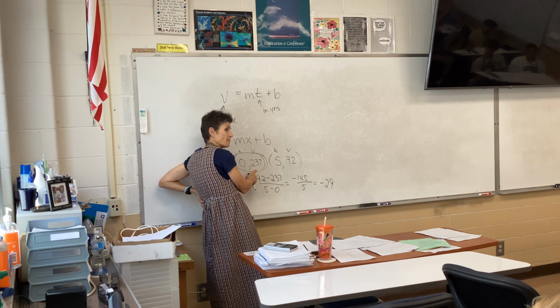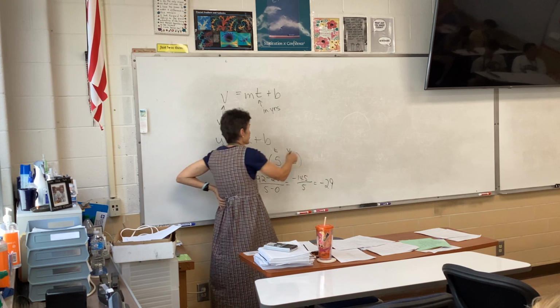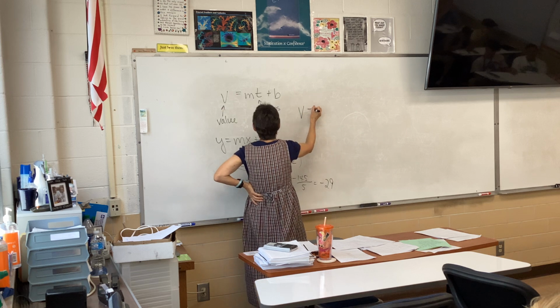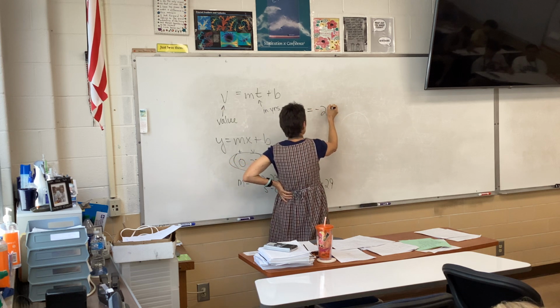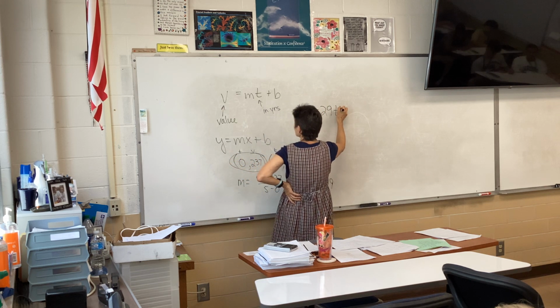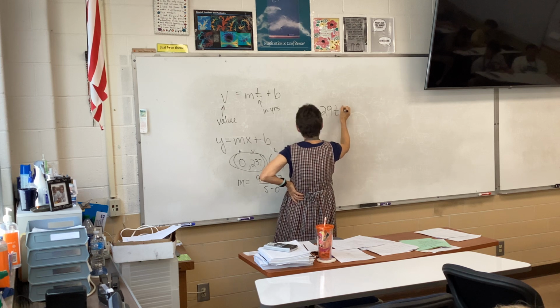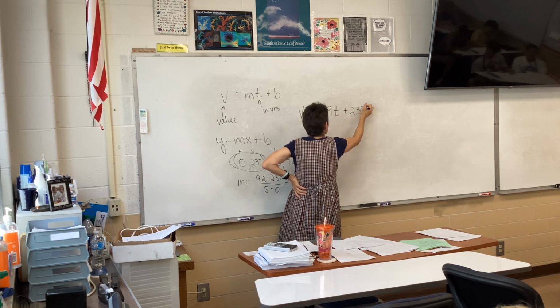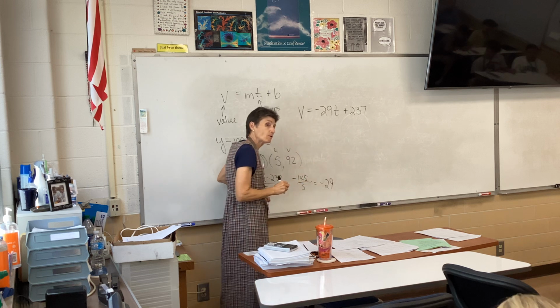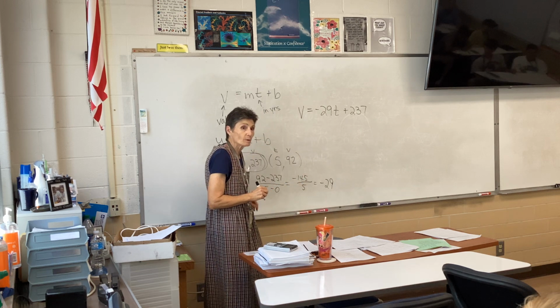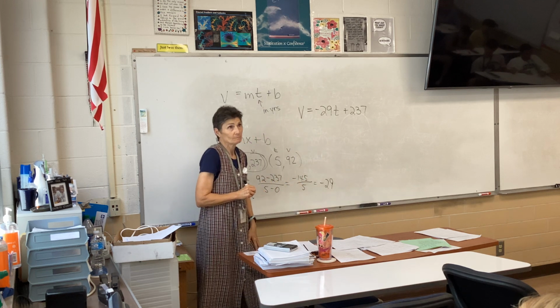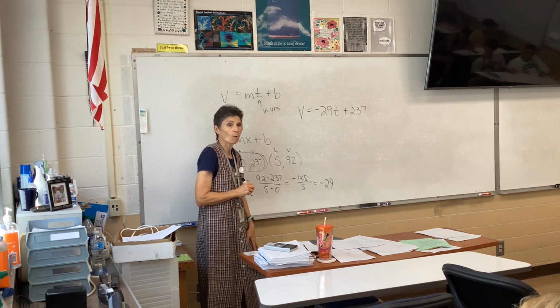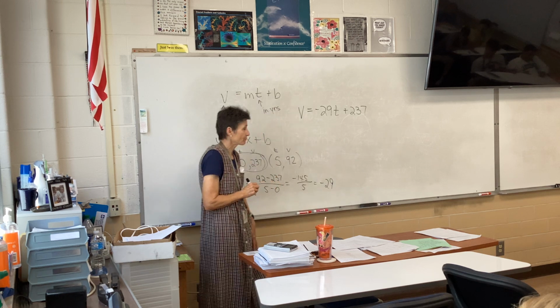That's the y-intercept, isn't it? So my equation is V equals negative 29t plus 237. Now, if you use different points, maybe you'll get a different line. It won't matter to the final answer though.